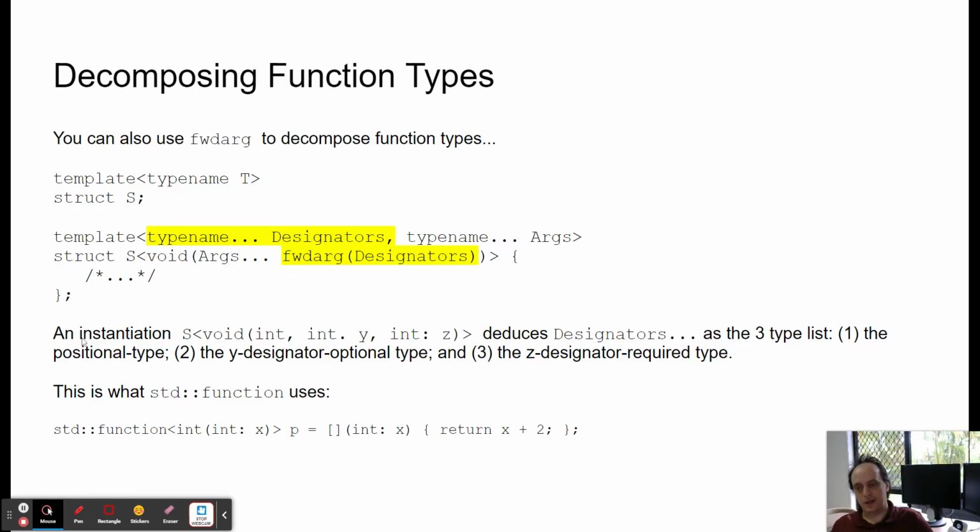So take an example, an instantiation of this S with this function type here deduces designators as the 3 type list: the positional type because of that, the Y designator optional type because of that, and the Z designator required type because of that. And that's how we implement things like std function to be designator aware, so that they can deduce these designator types out like that.